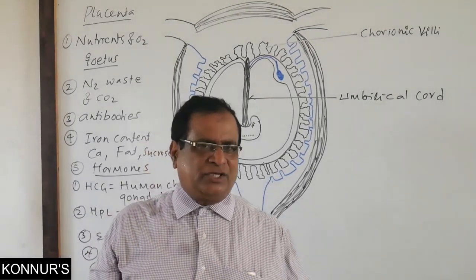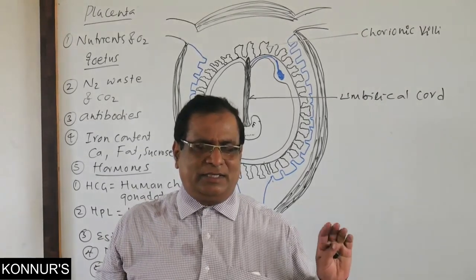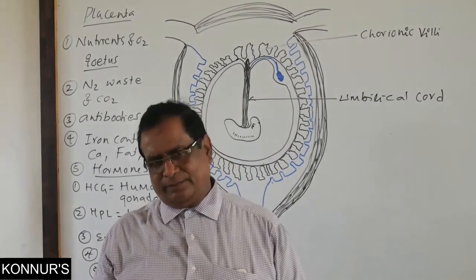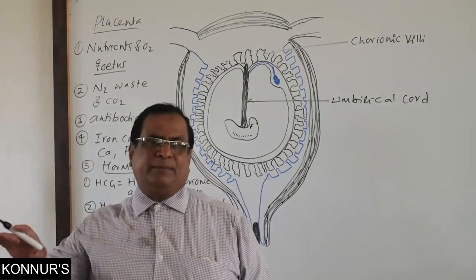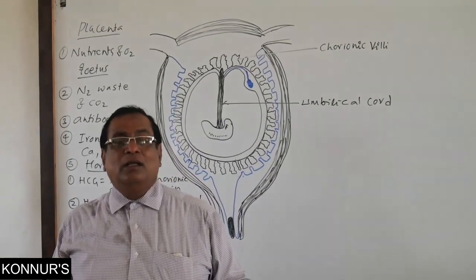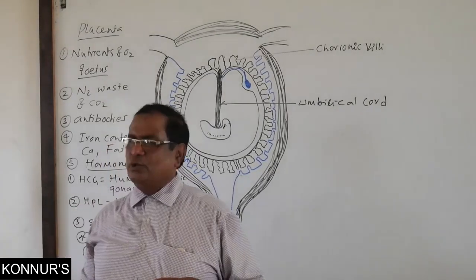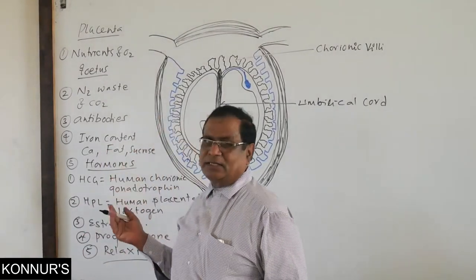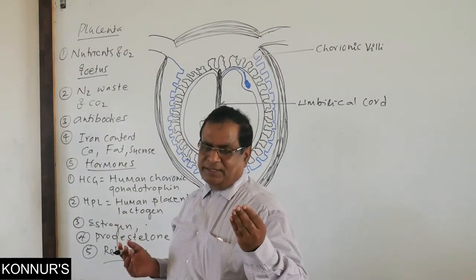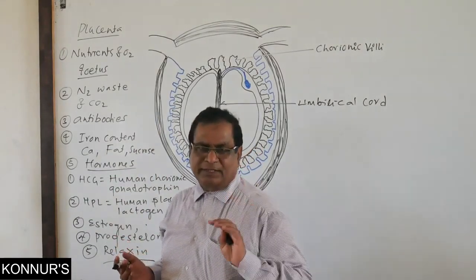Once the implantation took place, it means pregnancy is achieved. During that pregnancy period or gestation period, placenta plays a very important role. They may even ask, what is placenta? What are the functions of placenta?